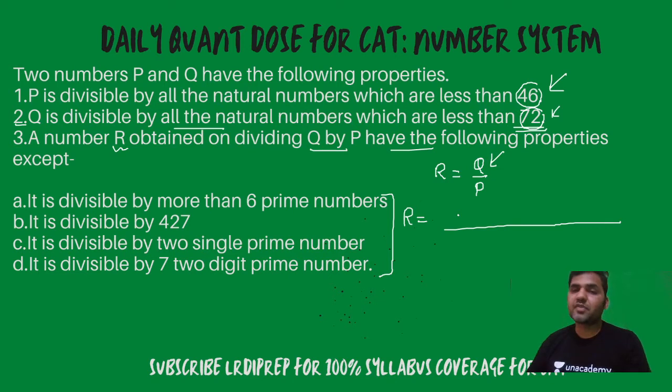All the prime numbers which are less than 72 must be present in Q. That means the minimum power of 2 in Q would be 6, because if I am looking for a number which is divisible by all the numbers from 1 to 72, then the power of 2 has to be 6 at least, right? The minimum power of 2 has to be 6 at least, because from 1 to 72 the number with the highest power of 2 is 64, which is 2 power 6.